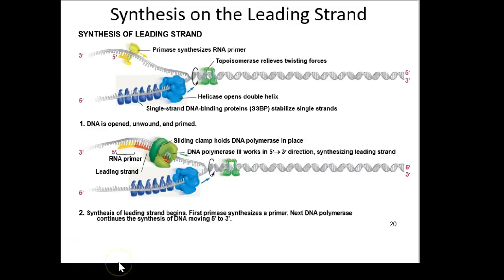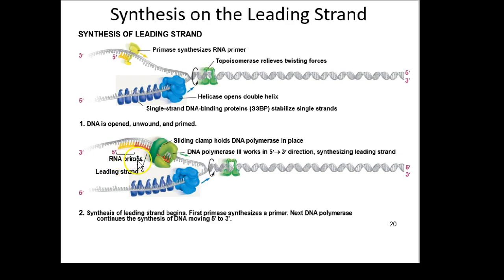All right, so we're going to talk first about synthesis on the leading strand and then about synthesis on the lagging strand, but of course both are happening simultaneously during DNA synthesis. Leading strand synthesis is synthesis of DNA that is moving in the direction of the replication fork. In this figure, this molecule here, red and kind of goldish yellow, is the new strand that is the leading strand.